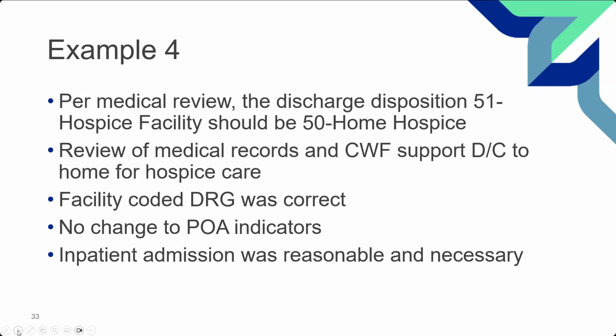So after they reviewed the submitted medical record, the common working file, they found that the discharge disposition was actually home. So they did agree in this case again with the facility coded DRG, and there was no change on the POA indicators, and the inpatient admission was reasonable and necessary, and they had all the information.